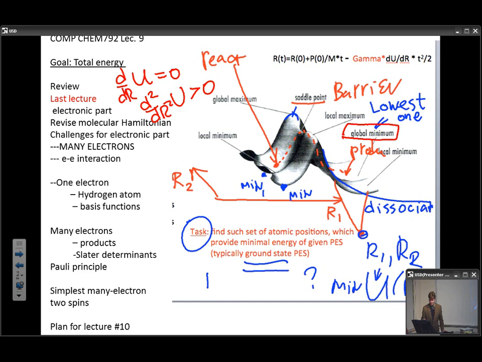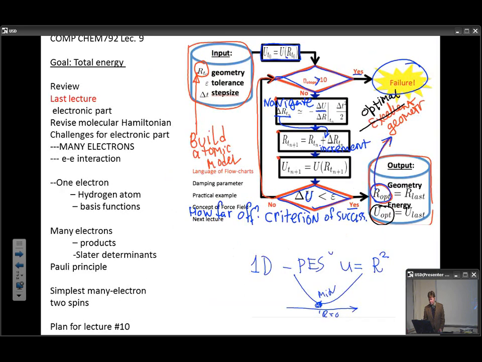If you find a point that satisfies these two conditions, it means you have a minimum, at least a local one. We do not know the whole surface because it is too heavy computationally, so we use an algorithmic approach to navigate through this configurational space and find the optimal geometry.